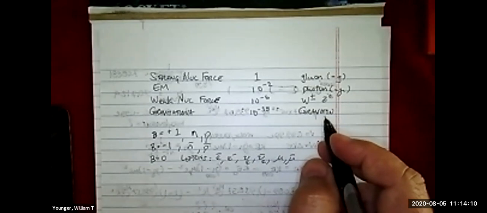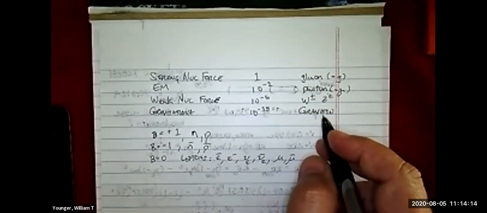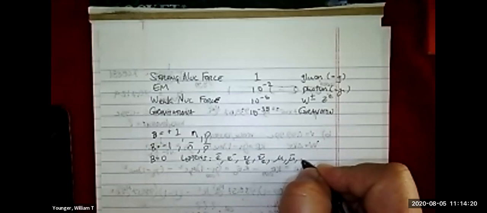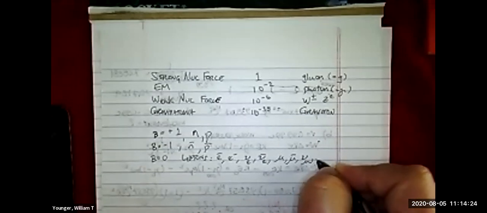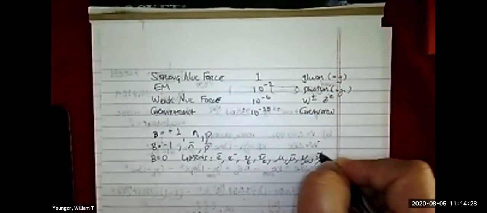A muon, by the way, is like a really heavy electron. So an electron has a mass of 0.511 MeV per c squared. A muon has a mass of 105.7 MeV per c squared. But other than that, it acts like an electron. So there's also a mu neutrino, and an antineutrino for the mu particle.